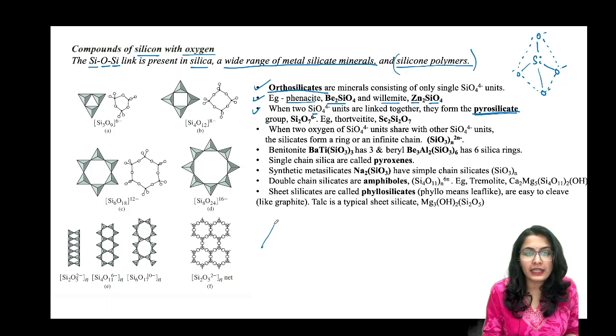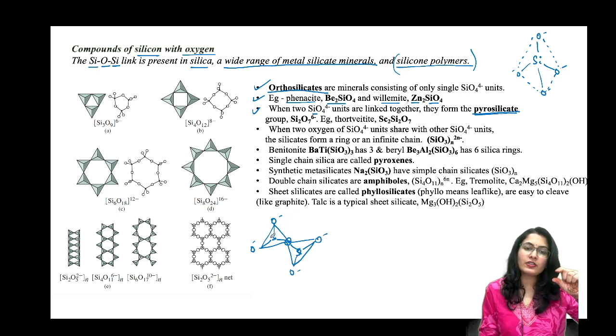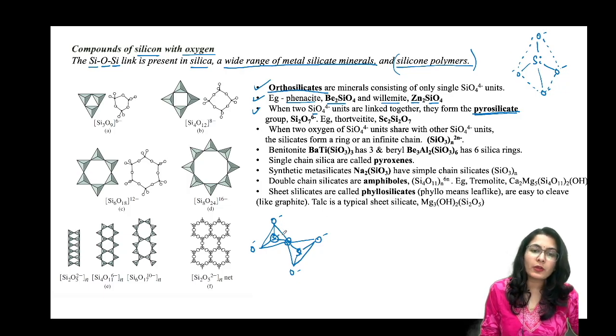So basically looks like triangle but have one oxygen in sharing. So this oxygen is in sharing. There is one silicon, one O minus, another O minus. This is not O minus, this is simply an oxygen. This is silicon, O minus, O minus, and one oxygen is on the top of that silicon like this. So it is going to be O minus over here and O minus over here.